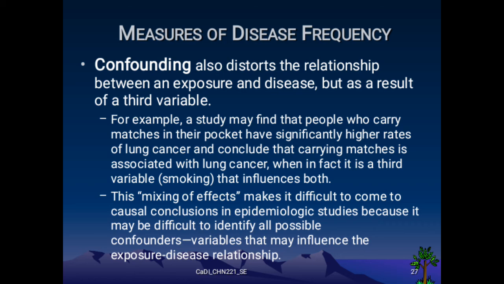This mixing of effects makes it difficult to come to causal conclusions in epidemiologic studies because it may be difficult to identify all possible confounders, variables that may influence the exposure-disease relationship.